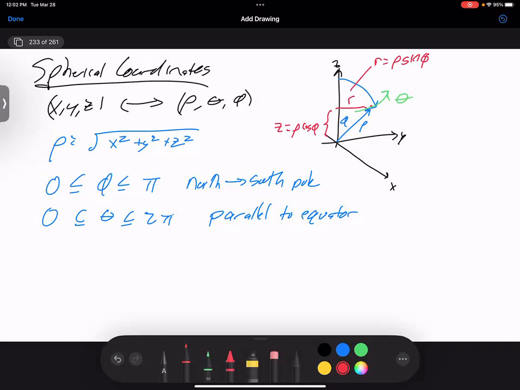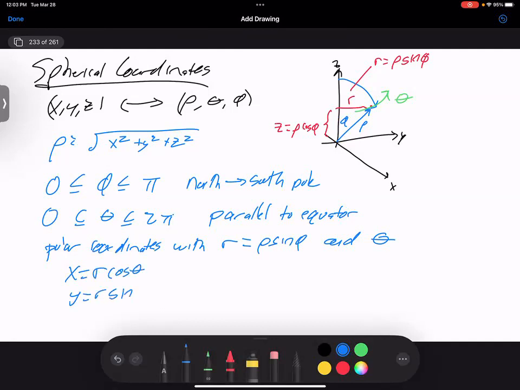And so the whole point now is we now have polar coordinates with r equal to rho sine phi and theta. Well, we know in polar coordinates, x is equal to r cosine theta, y is equal to r sine theta.